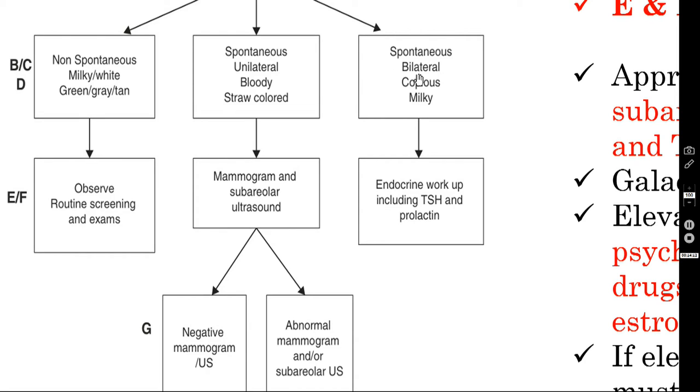If it is spontaneous, bilateral and copious milky discharge, usually an endocrine workup, including TSH and prolactin, you have to do. This is what they are discussing in this algorithm. So I am discussing depending on this. I am going to now talk about the E and F here.